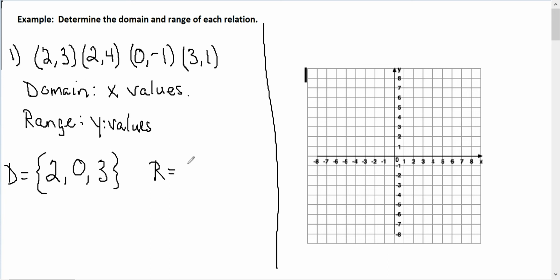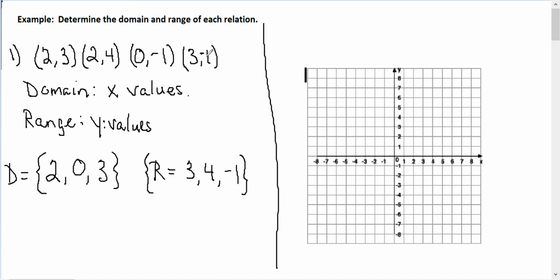So here I've got 3, 4, -1, and this is supposed to be -1 as well, according to our exercise. So -1, again, is the same number, so I'll just list it one time. And I'll put my braces around here to give me my domain and range.